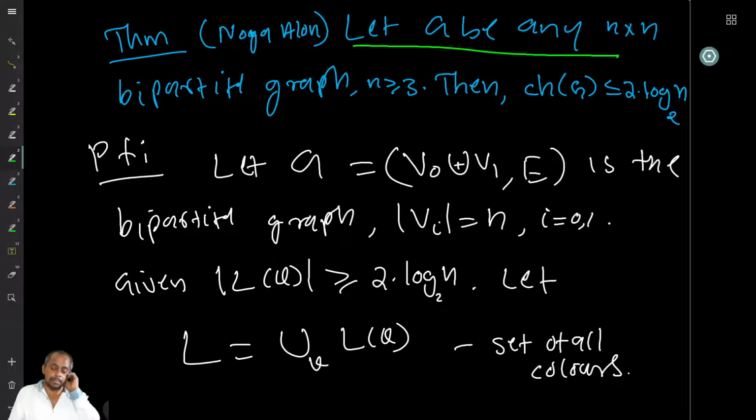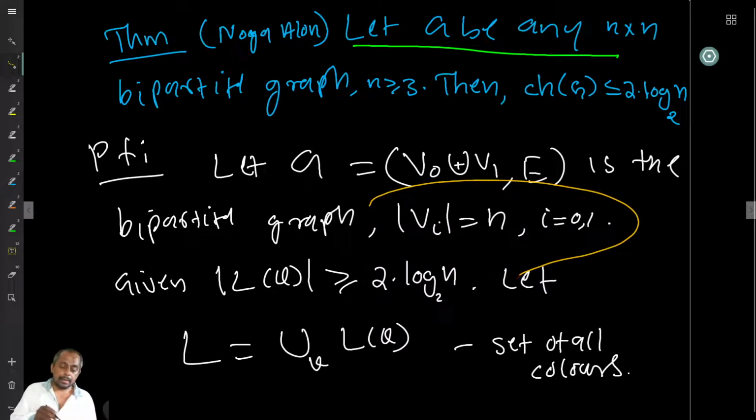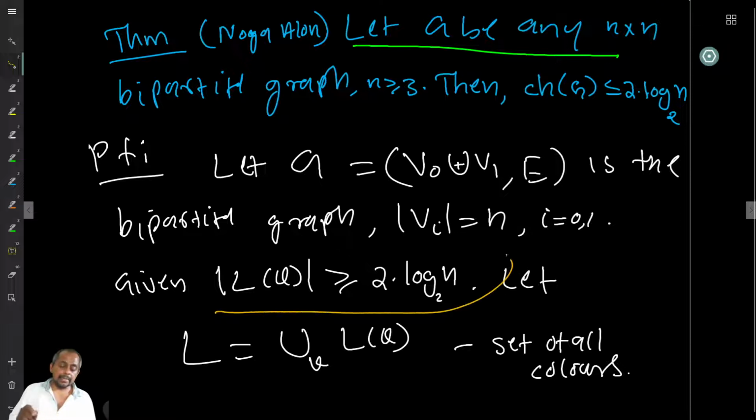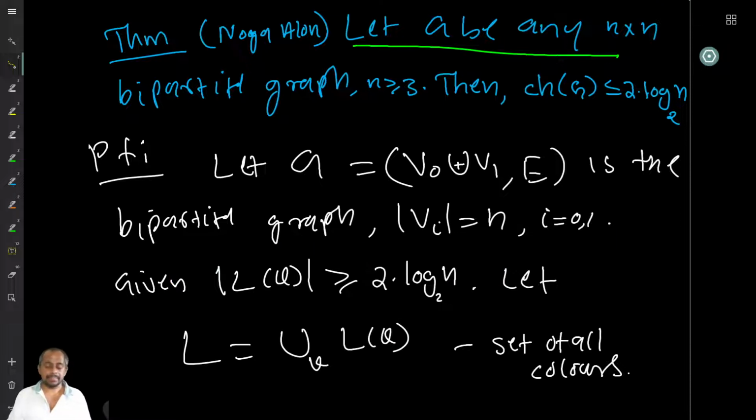So now, what he does is define the index set, let's say for V0 and V1, |Vi| is equal to n, that is given, for i in 0 and 1, and the list size is greater than or equal to 2 times log n for every vertex.